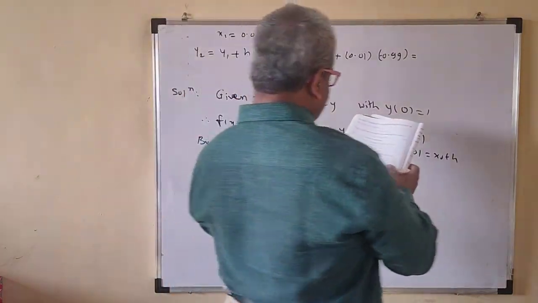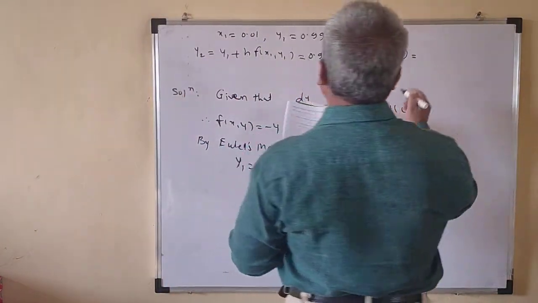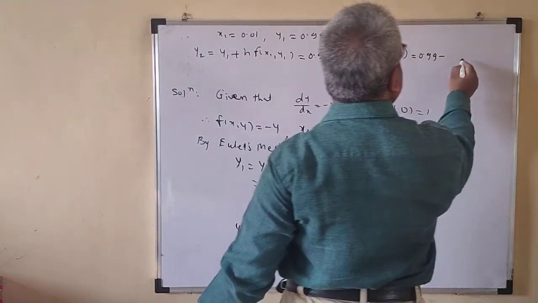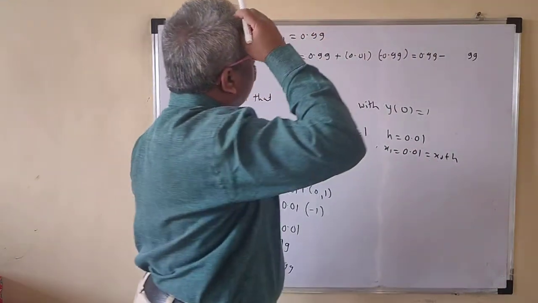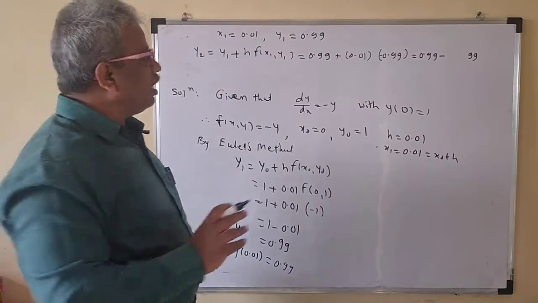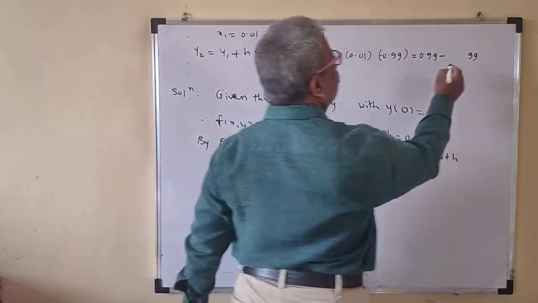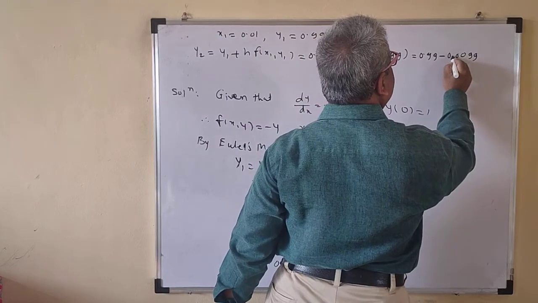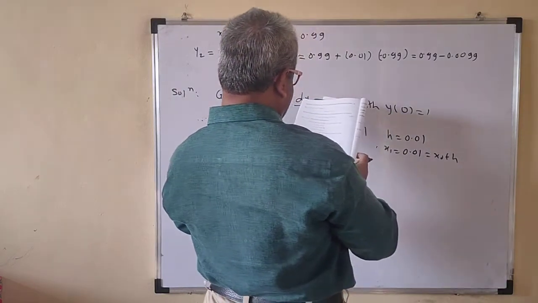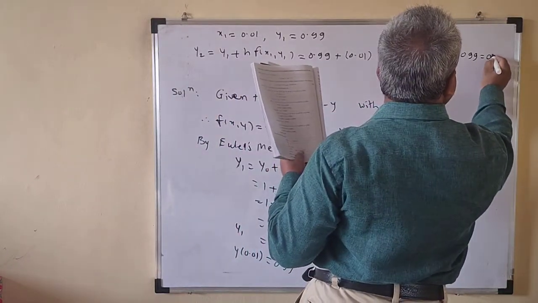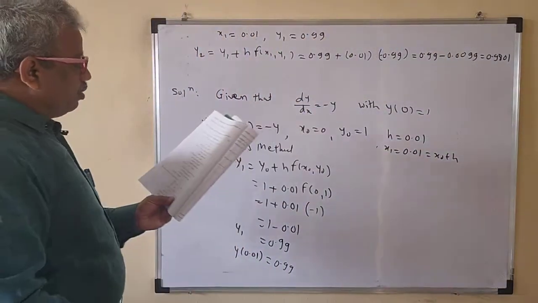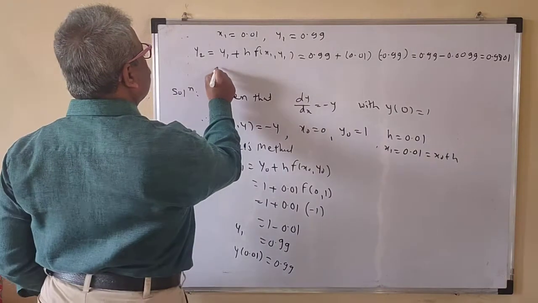I will write the direct value of this one. 0.01 into 0.99 means 1 into 99 is 99, and then the decimals are 1, 2, 3, 4. Now the value of this one is 0.9801.